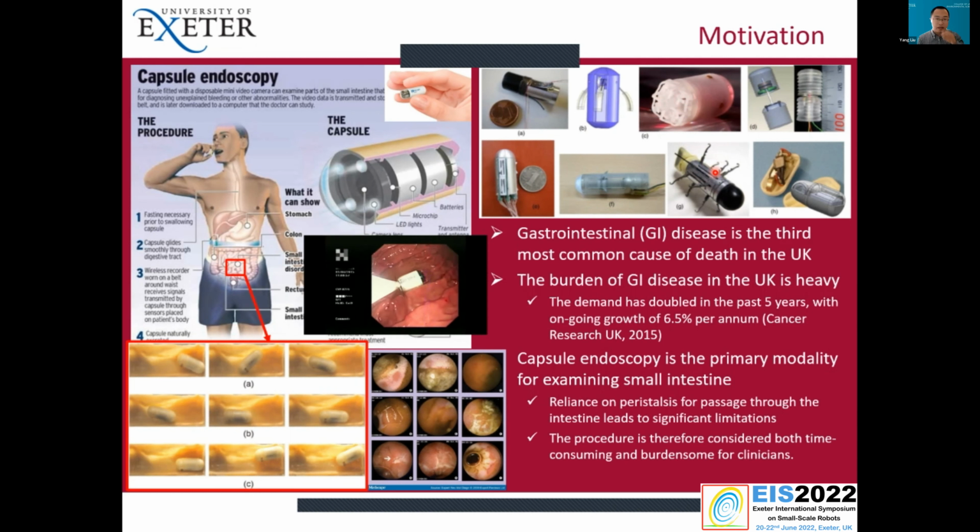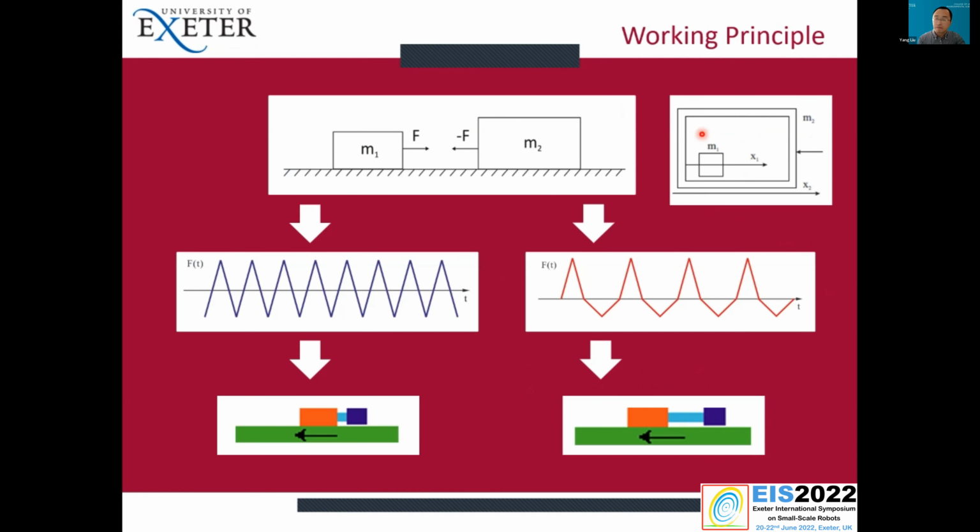Our design is a bit different from these works, but our working principle is quite simple. We base it on Newton's third law. If we look at this two mass system, we have a smaller mass and a larger mass. If we generate a force between them, we have a force and a reaction force.